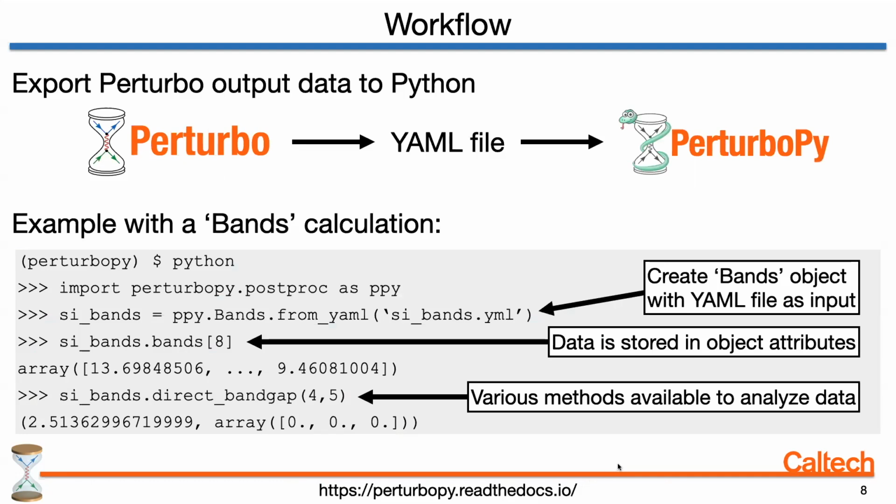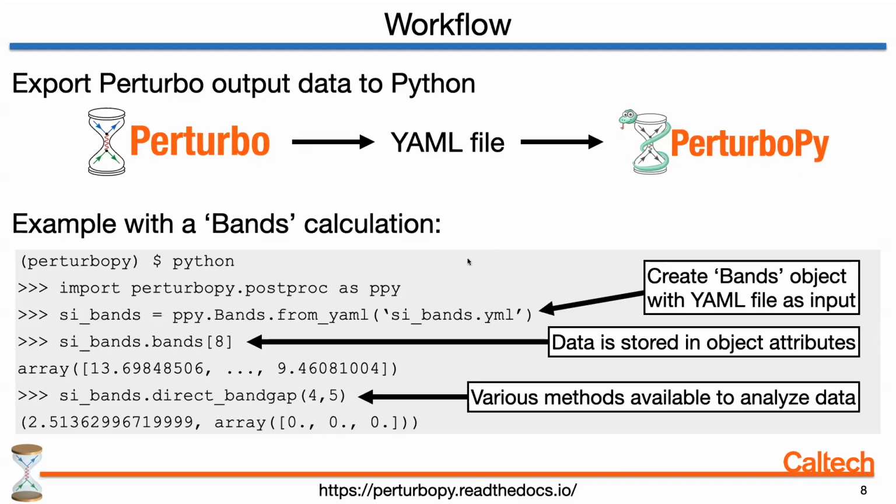The general workflow of using PerturboPy is first we run calculations using Perturbo, which then generates a YAML file. All of the calc modes in Perturbo generate a YAML file, and the calc modes that are supported by PerturboPy then take this YAML file and read it, and we can analyze the data with it.